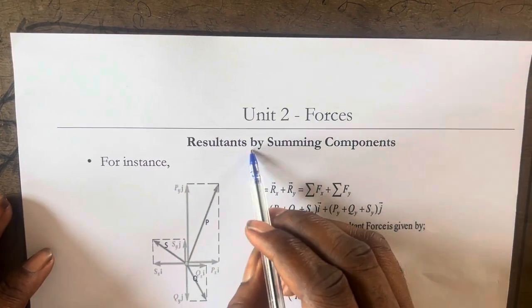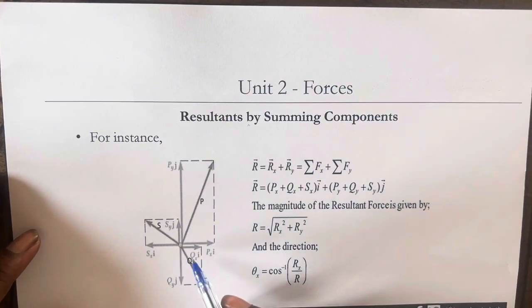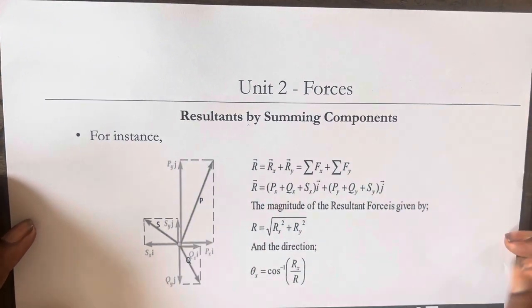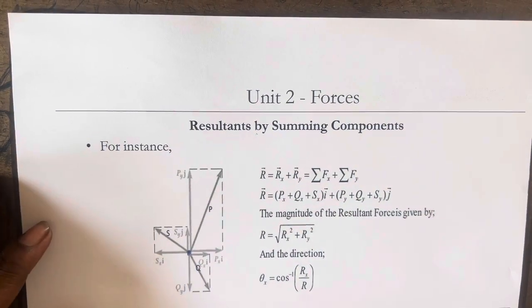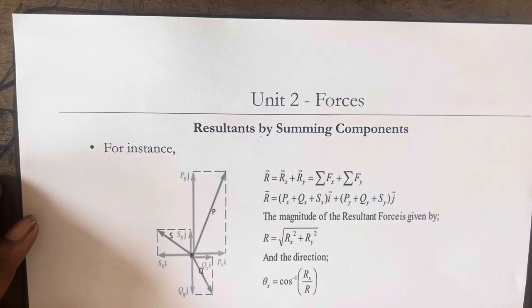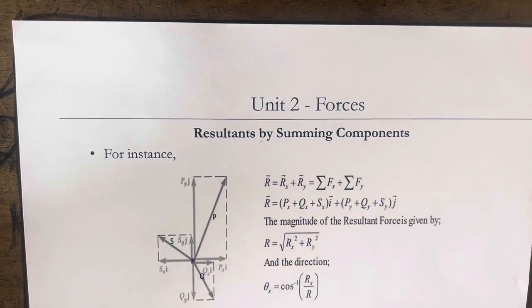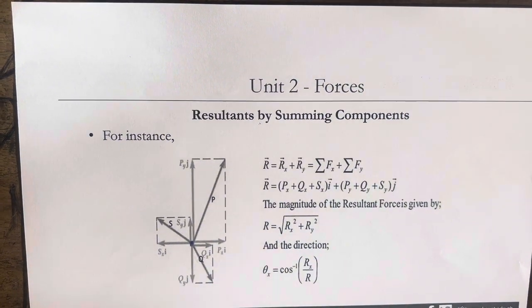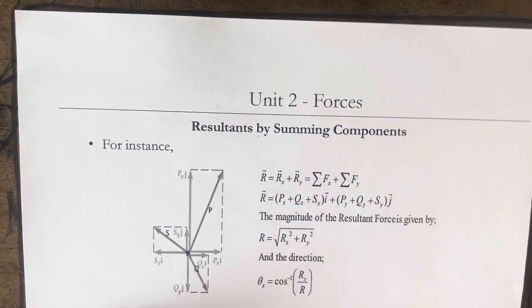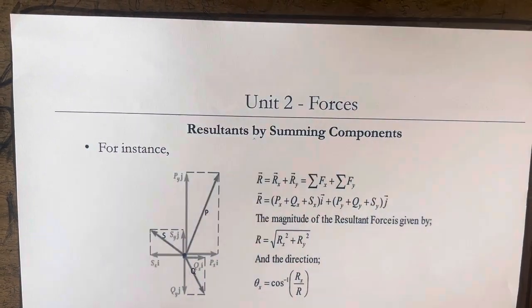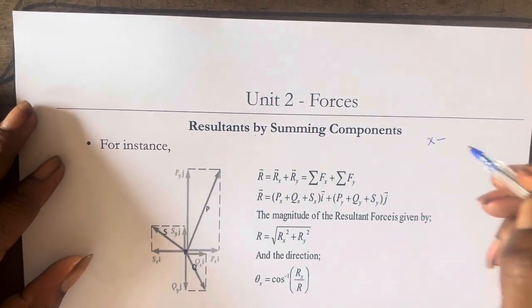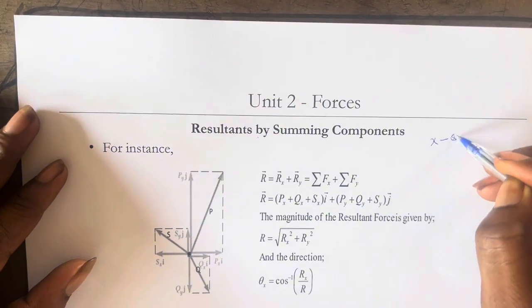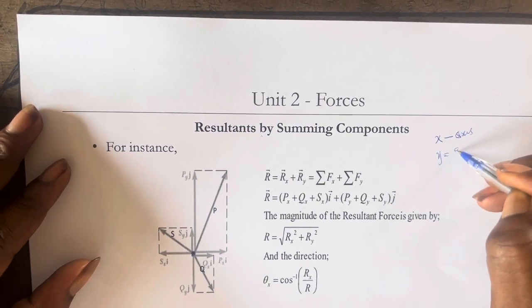Still on the resultant by summing components. So for instance, we want to look at this particular diagram here. We have forces acting on them in space. And this particular one, we are looking at the forces acting in just 2D space, in the x axis space and the y axis space.